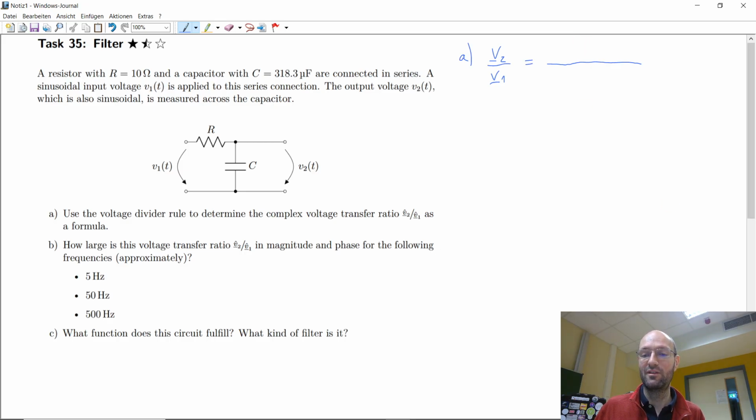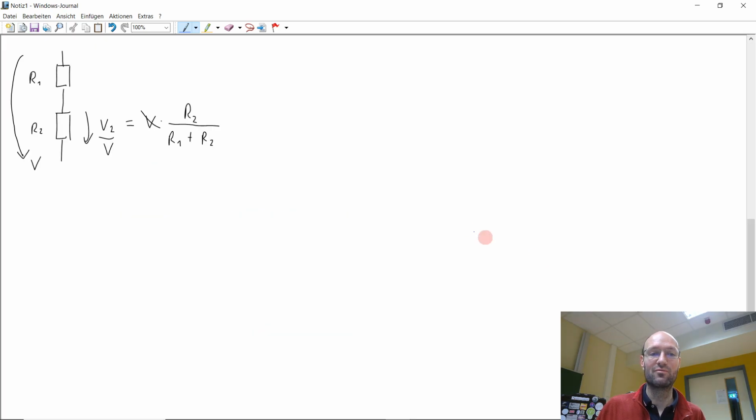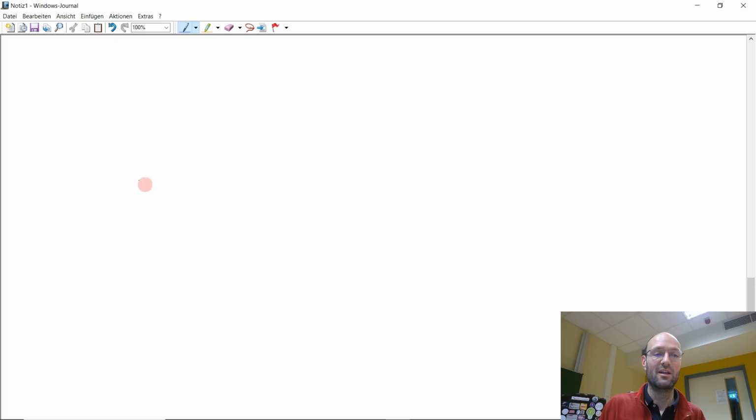So if we maybe go back to the second page here, or maybe even to a third page, and do a quick reminder and a quick summary of the basic elements that we have. We have resistors, we have capacitors, and we have inductors.